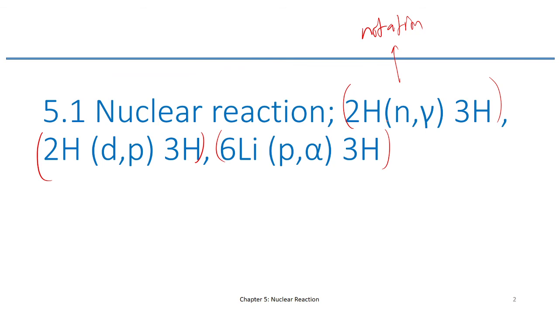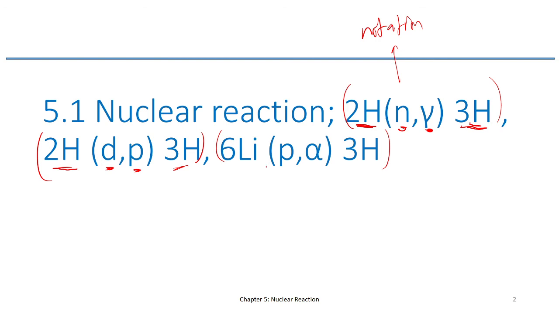What you saw at the beginning is just the expression or the notation for any type of nuclear reaction. In this given example, hydrogen-2, deuterium, bombarded with a neutron gives tritium and a gamma ray. Deuterium bombarded with a neutron gives tritium and a proton.